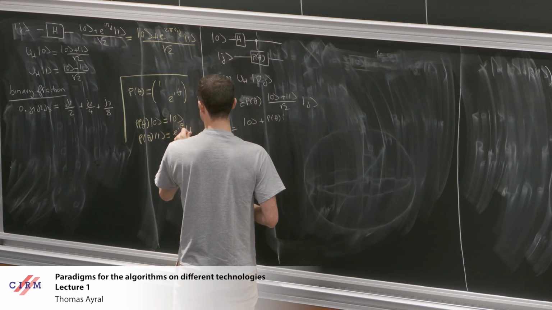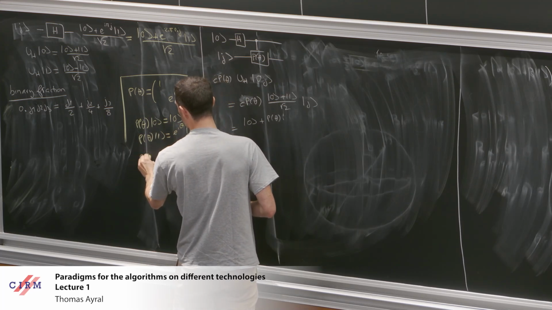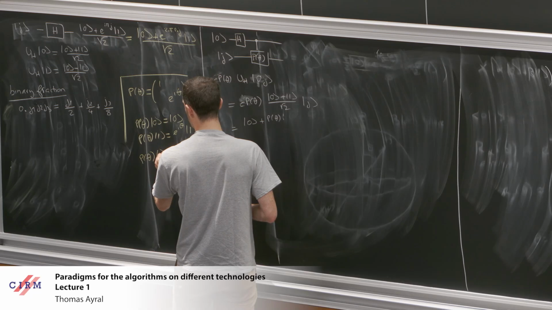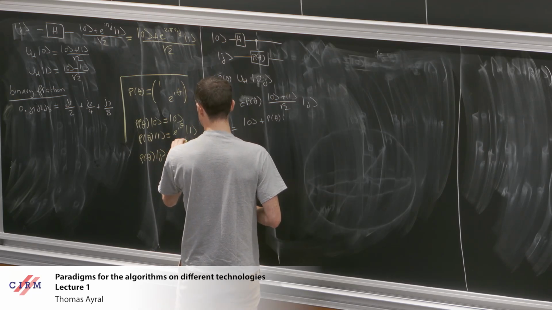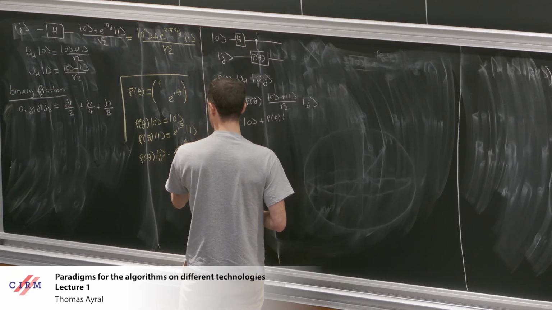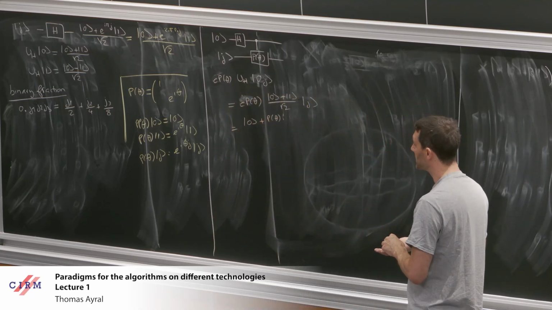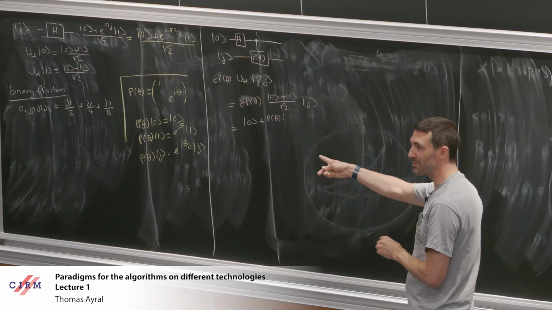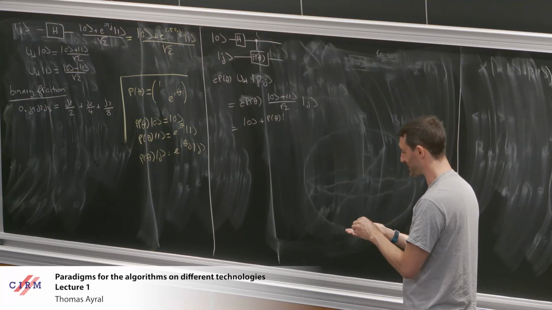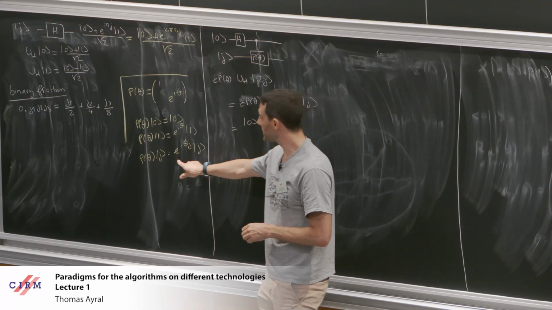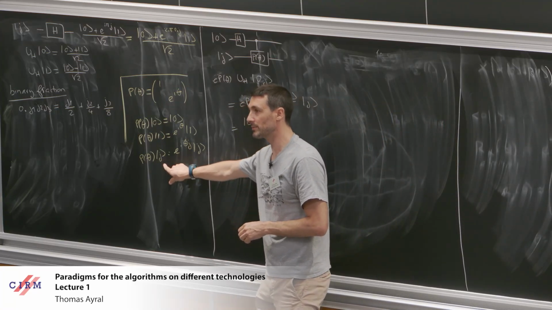So you should agree with me that if I do phase of theta on j, I get e^(i theta j) times j, right? Is it fine with you? It could be not fine. I mean, I could make mistakes on the board, so please check that you agree, okay? Everybody is okay with that?